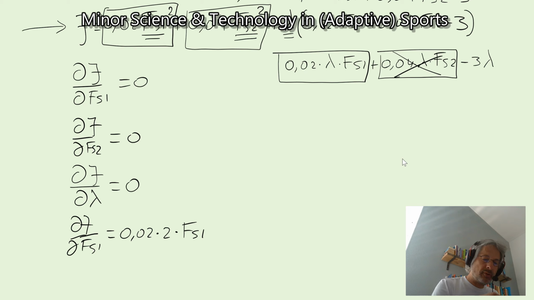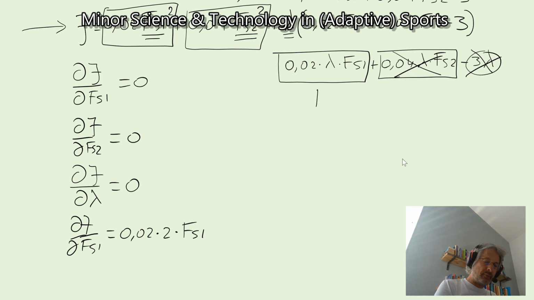And if you differentiate with respect to Fs1, then this is a constant. And if you differentiate a constant, it will become 0. So it vanishes.